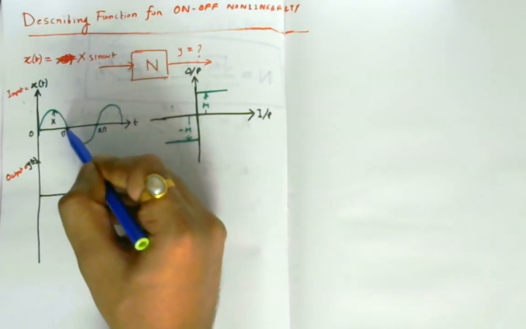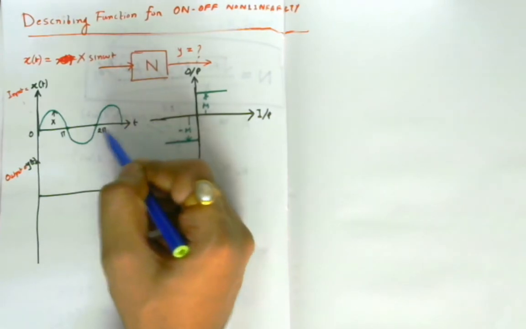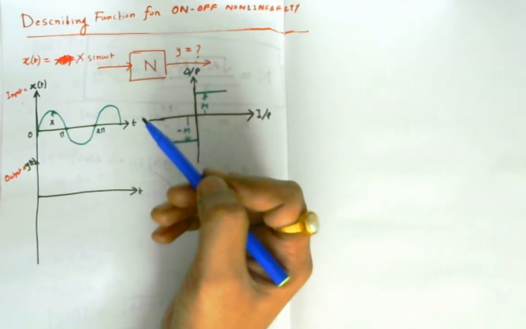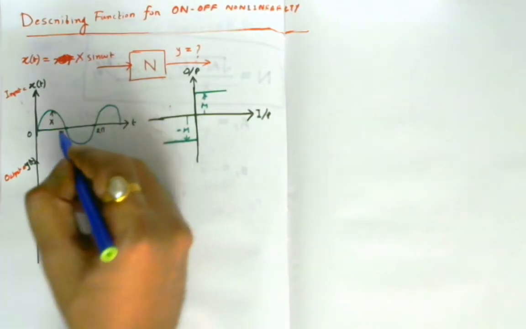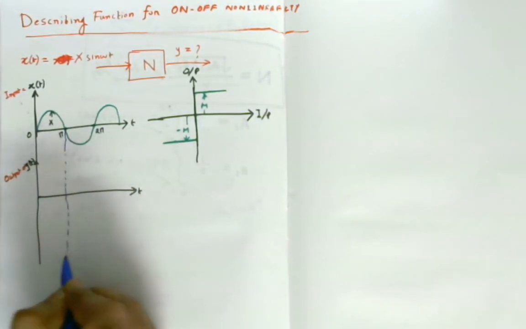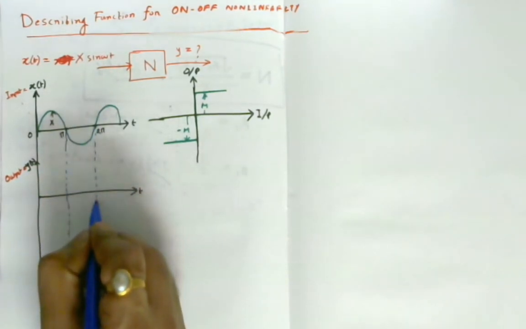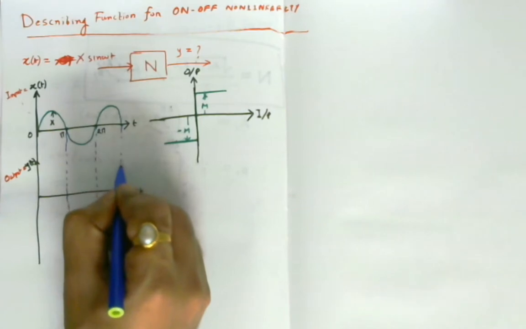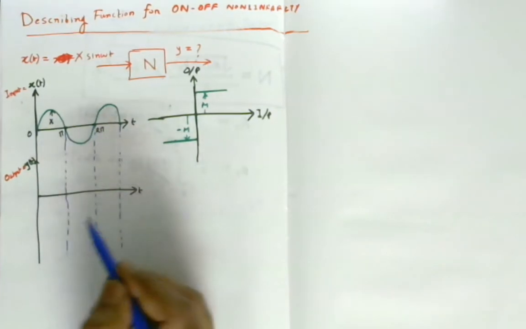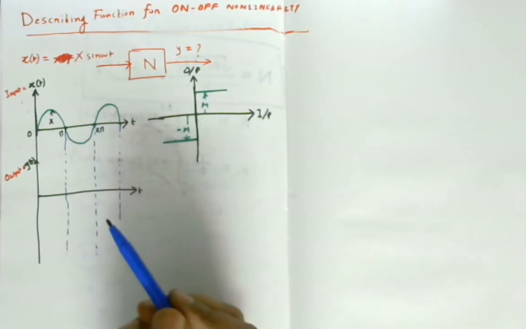It is crossing the zero at the point pi, at the point 2 pi, at the point 2 pi plus pi, that is 3 pi. So these are the projections from the zero crossing points of the input waveform.